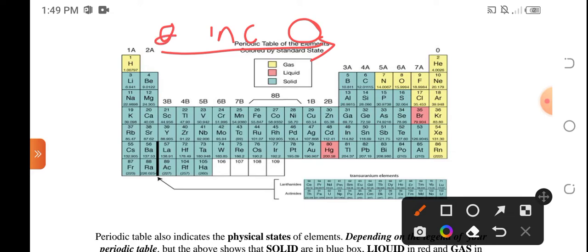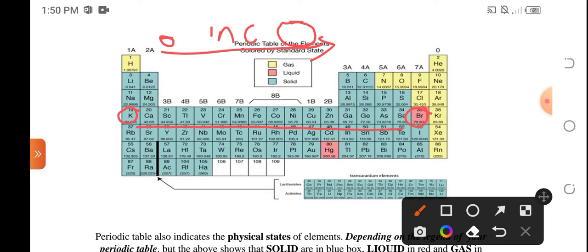Itong circle na lang na to, itong circle ang ating basis sa kanyang ionization potential. So the one on the left is smaller ionization potential and the one on the right is higher. So ito si potassium at ayun si bromine. They are on the same period. So we are using the trend left to right.